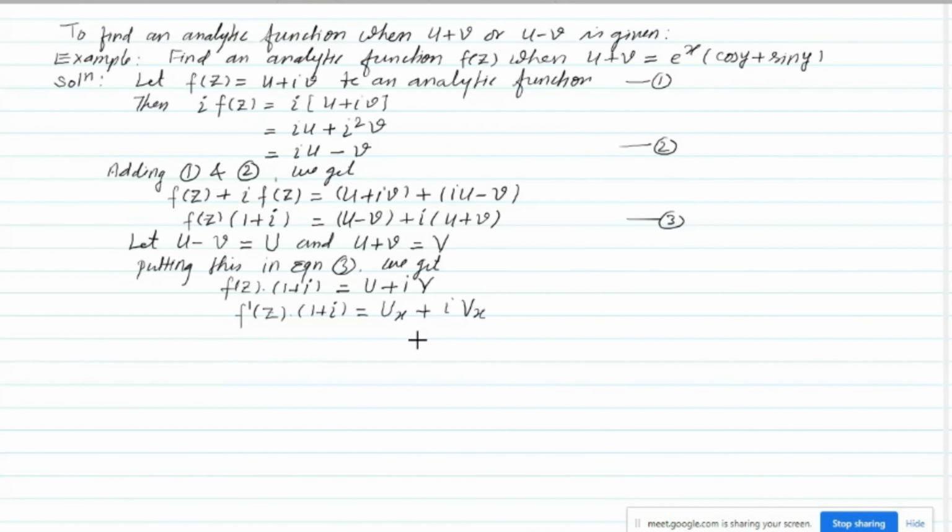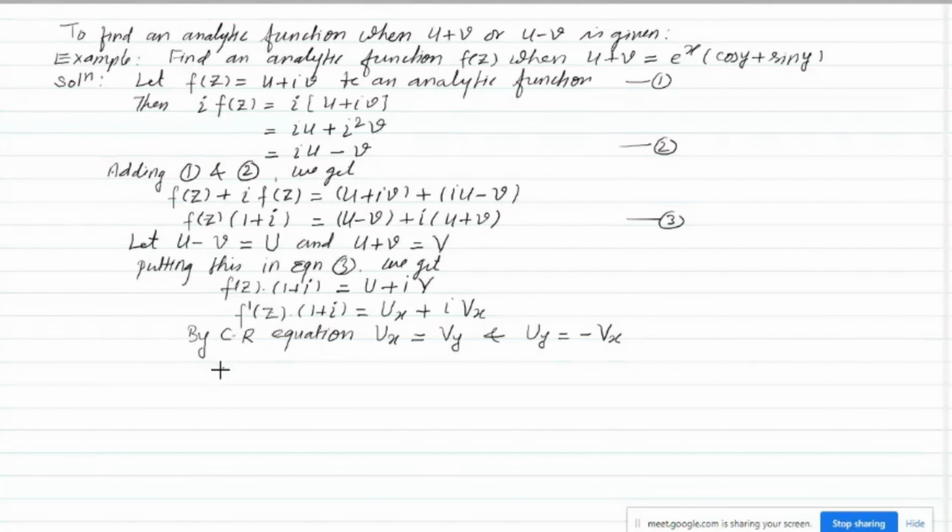But we know that by the CR equations, Ux equals Vy and Uy equals minus Vx.